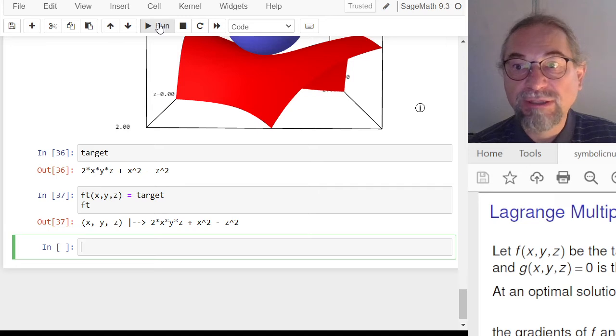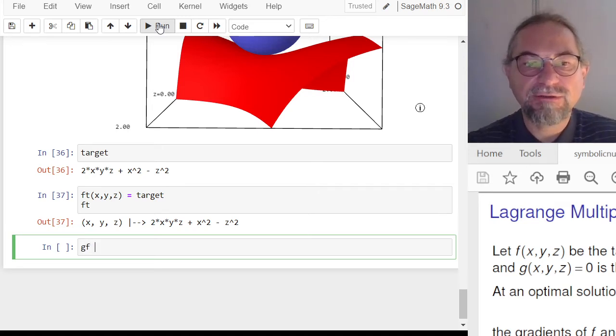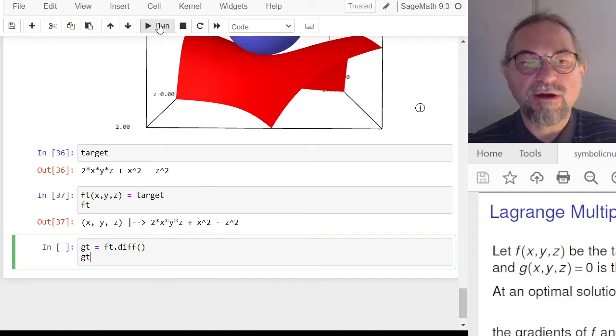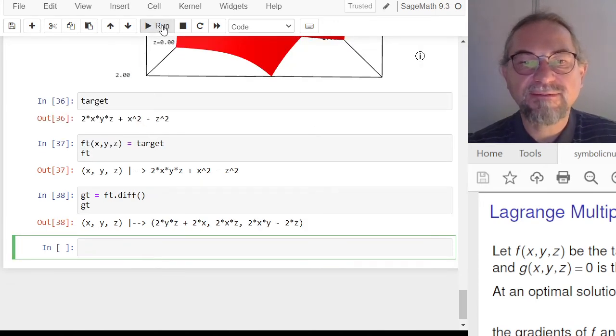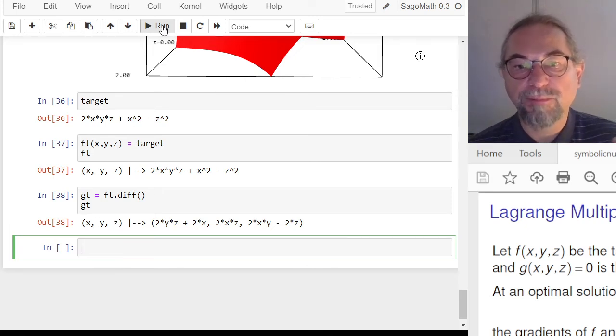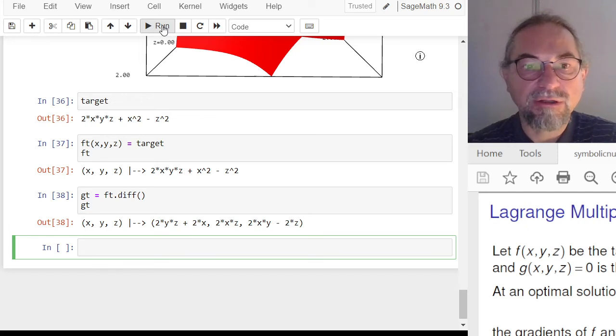So why am I doing this? Well, I have the gradient of the target, so I call this GT, and this gradient can be computed very directly. This gives me the tuple of the three partial derivatives. The alternative is to use a list comprehension if you work on the expression that is stored in target.